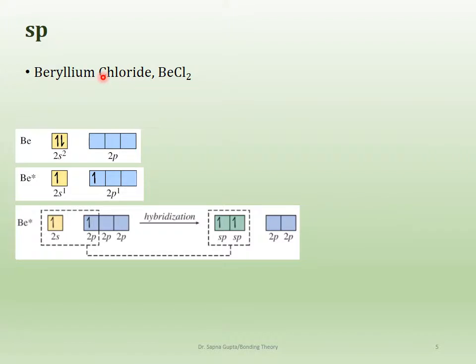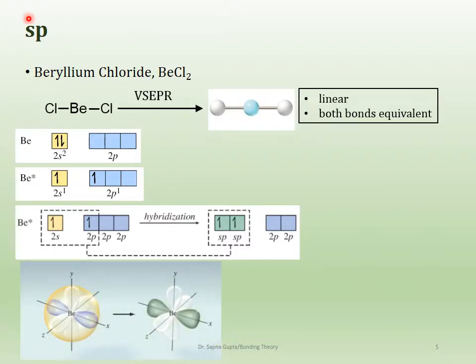So let's start looking at beryllium chloride, BeCl2, and we will start with the sp hybridization for this one. This is what the structure is according to the VSEPR theory, which is what we've done before. Beryllium is in the middle, and you have chlorine on either side.